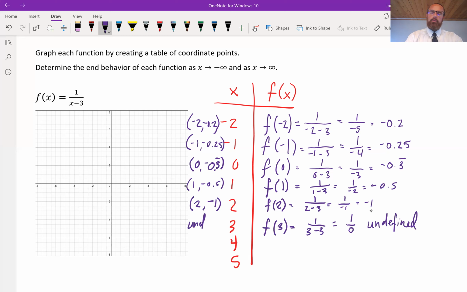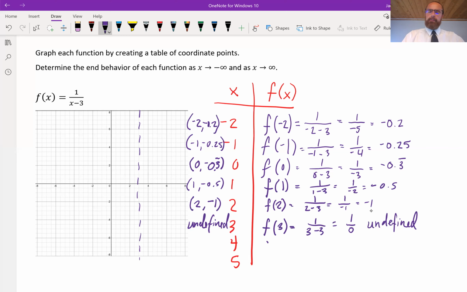Undefined. At this point, we're savvy about rational functions, and we know that they have a vertical asymptote when that denominator is 0. So we can actually plot that at 3. The great divide in the rational function.